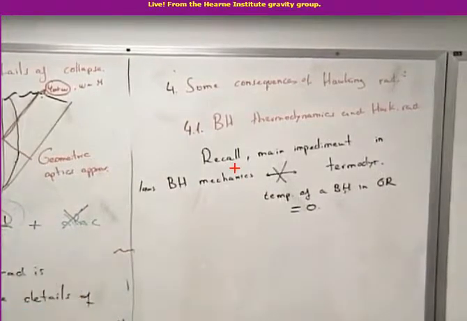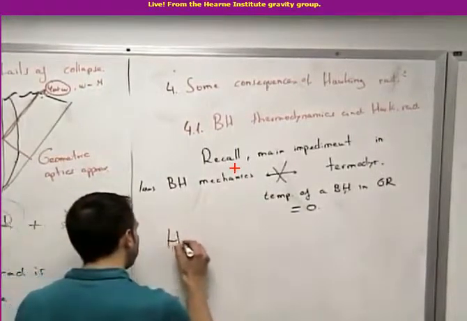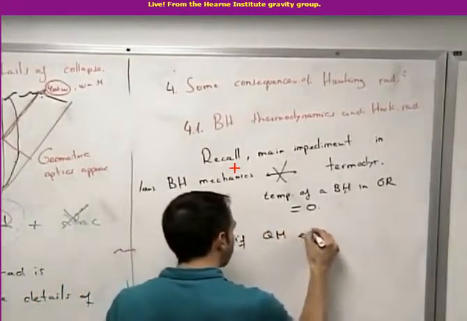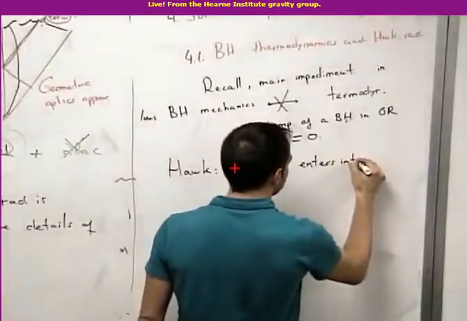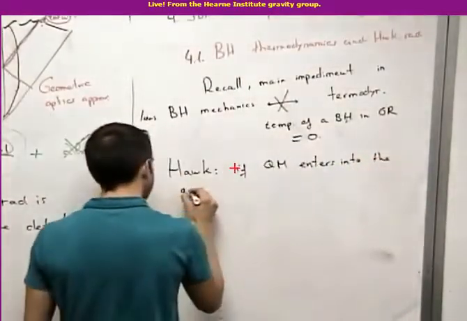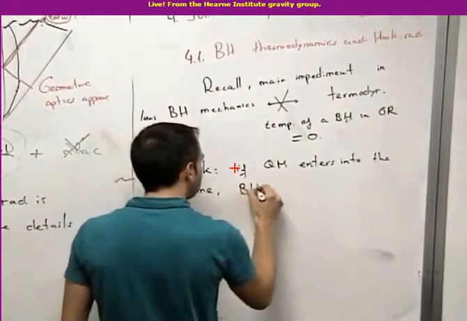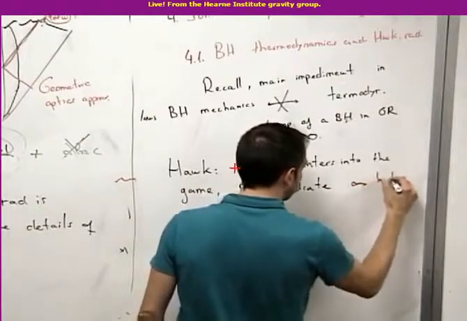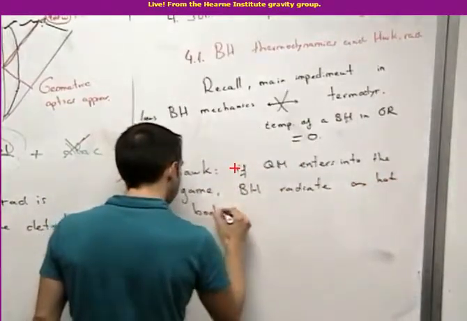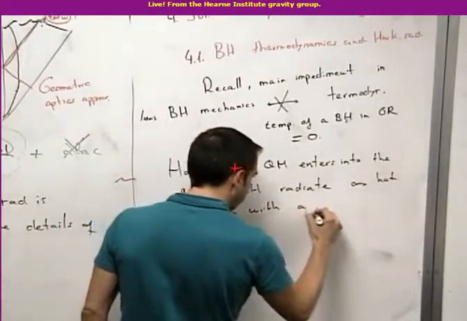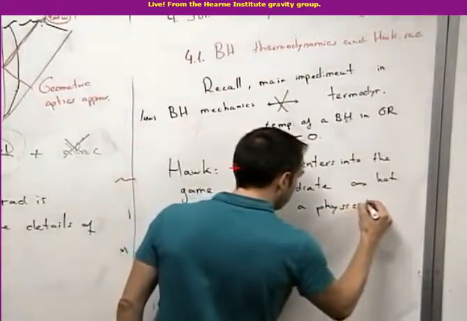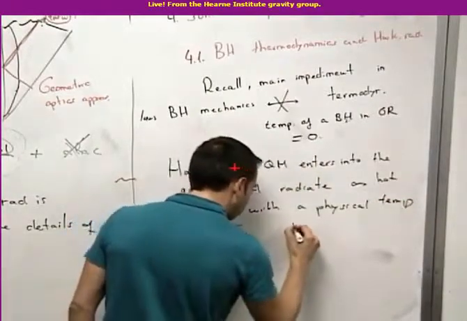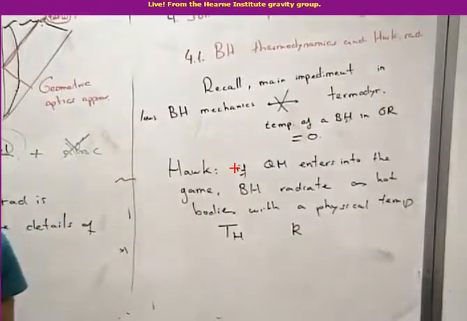But now everything changes. Hawking tells us that if quantum mechanics enters into the game, black holes radiate as hot bodies with a physical temperature which is proportional to the surface gravity, exactly what the analogy required for us.